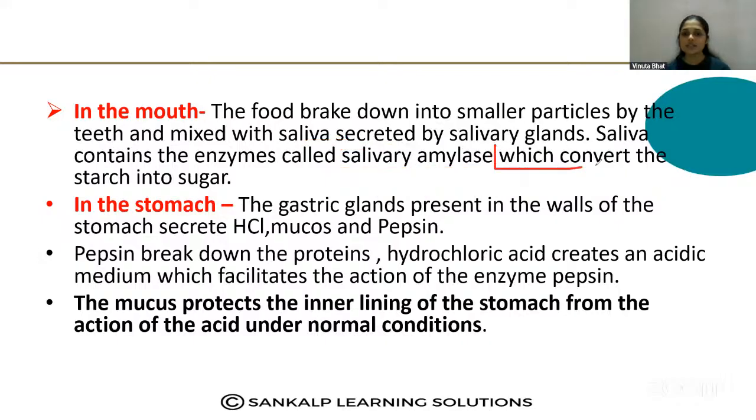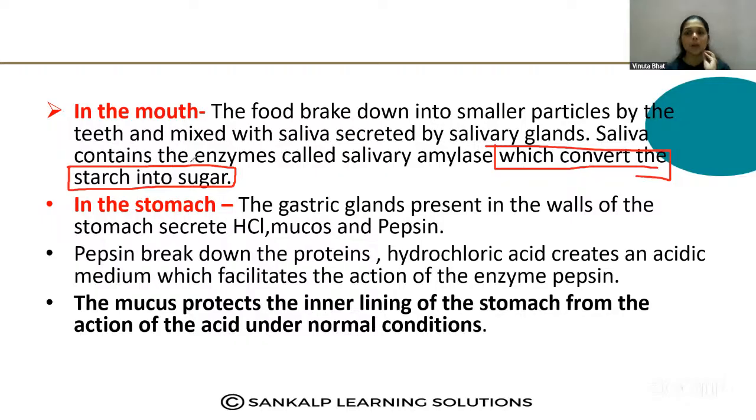It converts the starch into sugar. That is very important. There is a question which was asked in previous exams, a 1 mark question. When you eat chapati by chewing continuously, it tastes sweet.